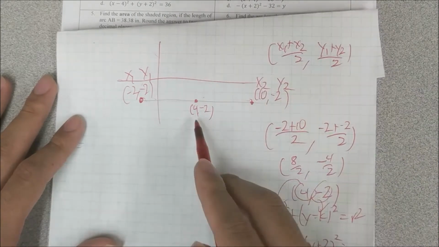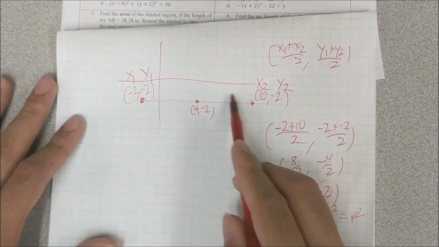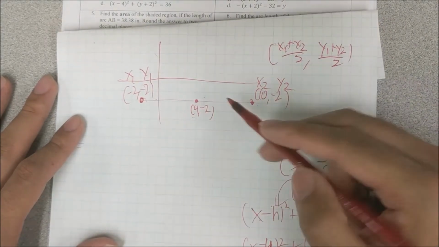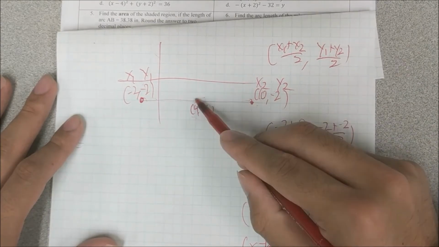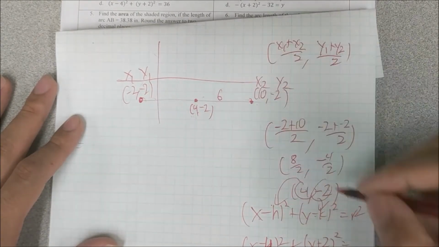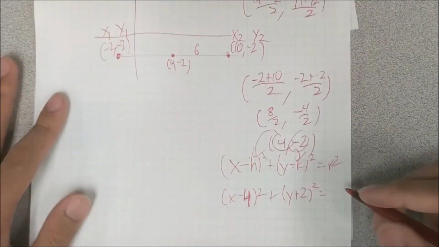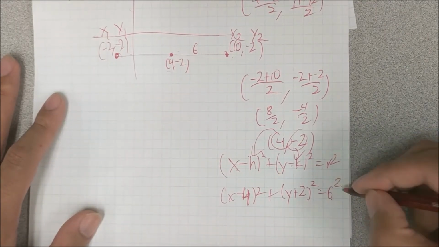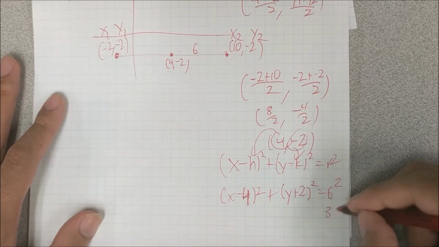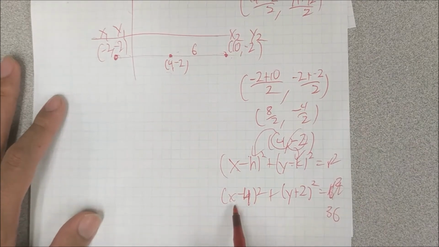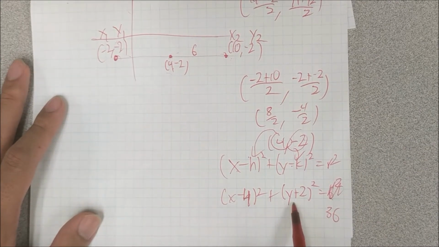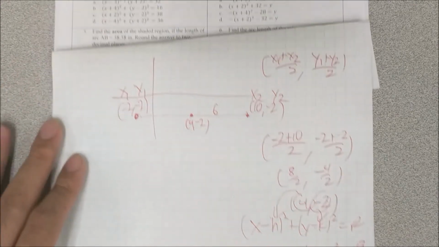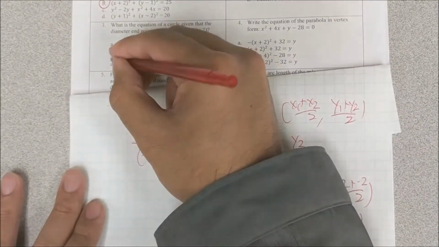So how far is it from 4, negative 2 to 10, negative 2? Well, in this case, we don't really need to use the distance formula because it's a straight line. We can easily see it's 6 units. So r is 6, but remember the equation wants r squared. So 6 squared is 36. So x minus 4 squared plus y plus 2 squared equals 36, which is choice D.